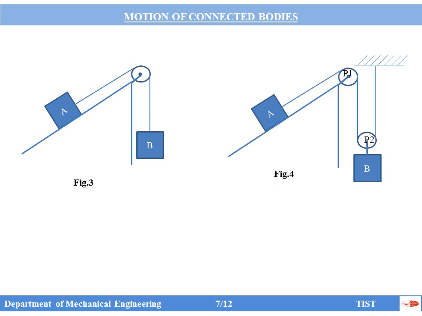In figure 3 and figure 4, for figure 3 the acceleration of A is equal to the acceleration of B, but in figure 4 the acceleration of B is half the acceleration of A. As I discussed in the previous slide, here B is connected with two strings.